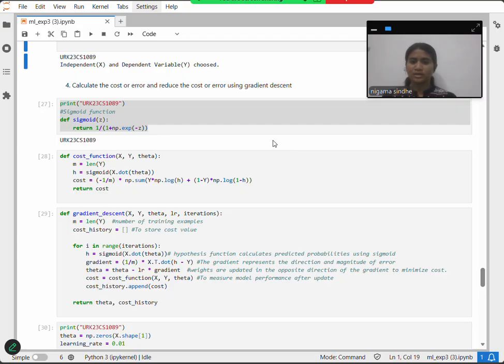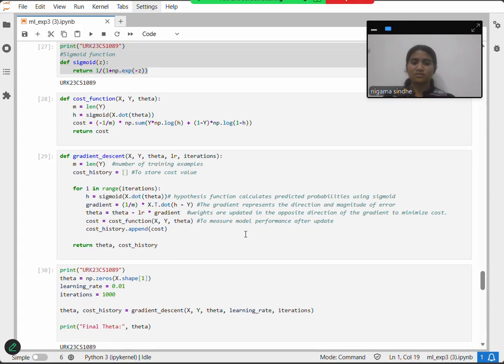In logistic regression, instead of predicting continuous values like linear regression, the model predicts probabilities between 0 and 1 using the sigmoid function, which converts the linear value into a probability between 0 and 1. If the probability is greater than 0.5, the model predicts class 1. Otherwise, it predicts class 0, which means it collapses to either 1 or 0.